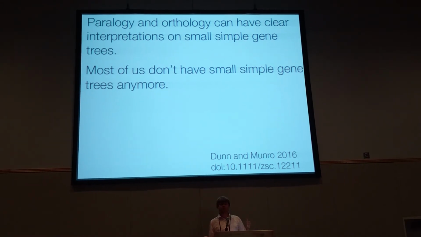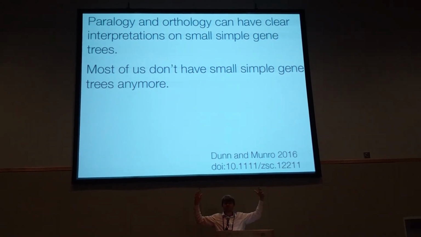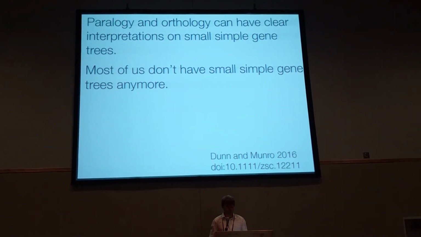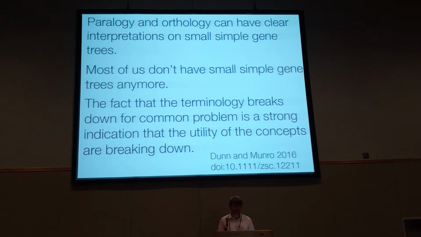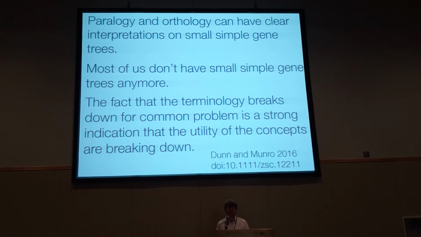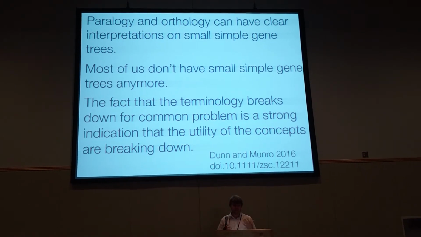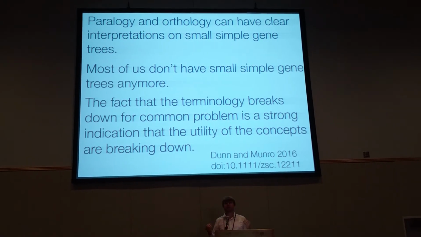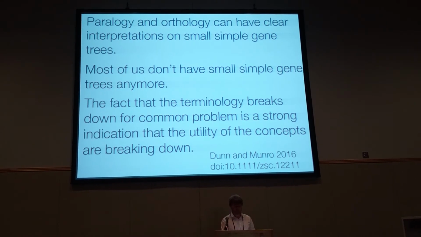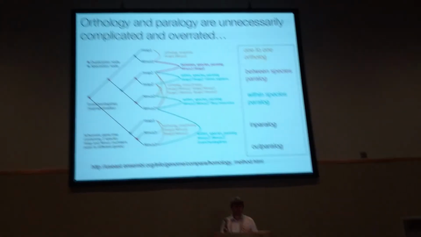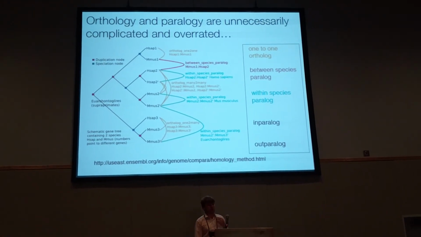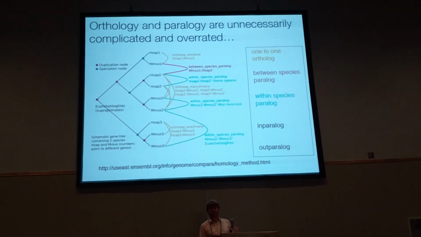When you try to talk about whether two things are orthologs or paralogs, it often starts to break down. The fact that the terminology gets really cumbersome to use should be an indication that the utility of the concepts themselves is breaking down. So I would say orthology and paralogy are unnecessarily complicated and in fact quite overrated.